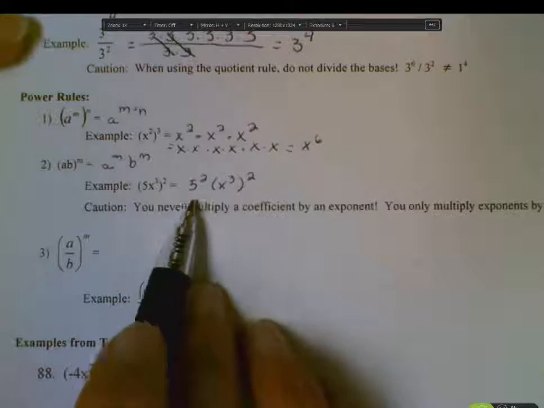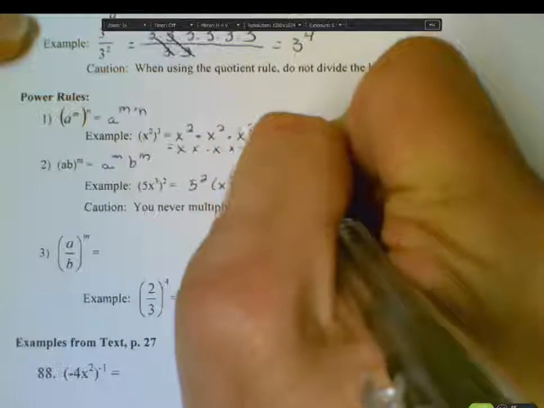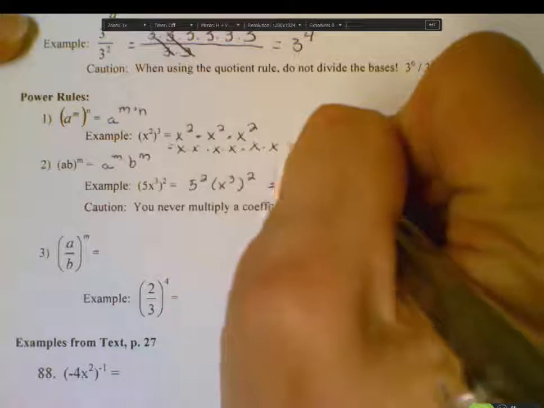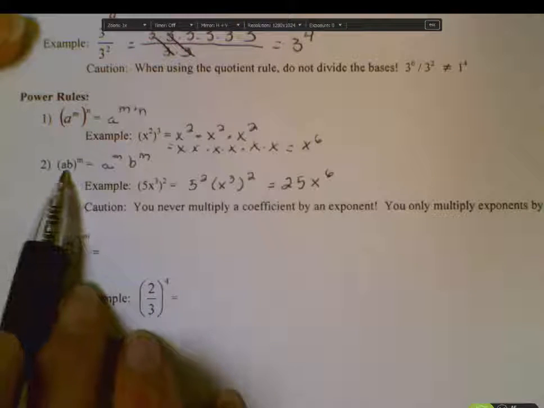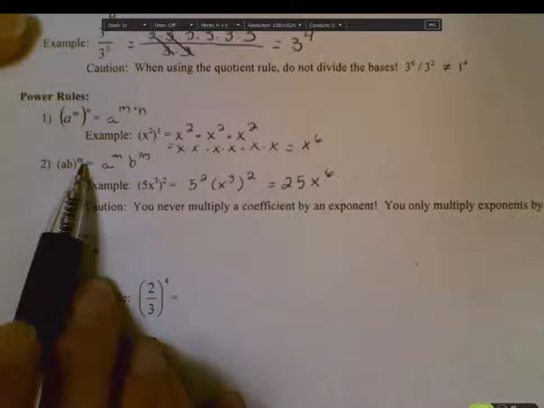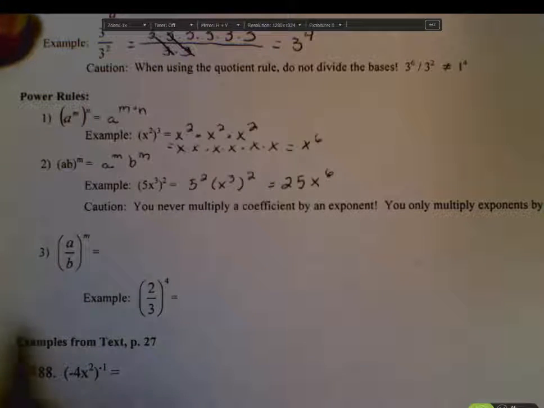And we probably wouldn't leave that as our answer because 5 squared simplifies to 25 and x cubed squared simplifies to x to the sixth. That's when you multiply the exponents. So as long as you have a product, as long as you have multiplication inside the parentheses raised to a power, you can raise each individual factor to the power.